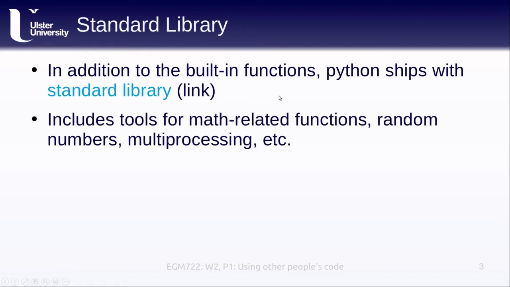So this standard library includes different tools for using math-related functions, random numbers, multiprocessing, so how we can use multiple processors to help parallelize or speed up our code, as well as different modules for working with the operating system of the computer. Lots of different things there, so I heavily recommend you go check that out at this link.